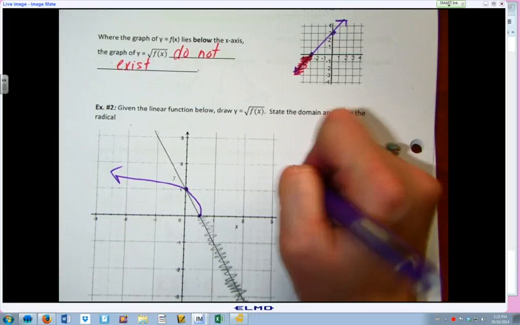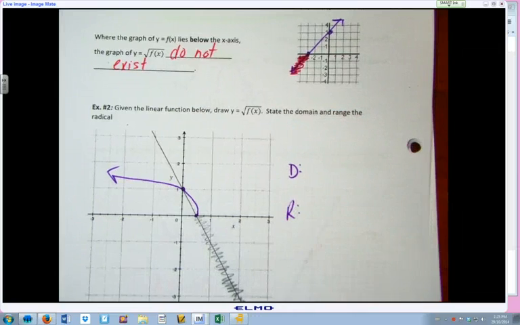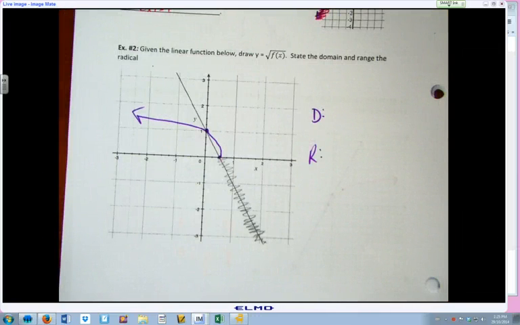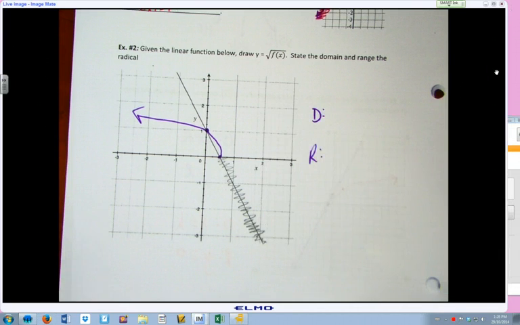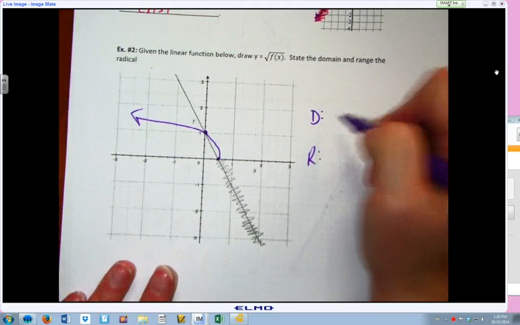Turn to someone in front, behind, beside you, and do the domain and range together. Offer for the domain.